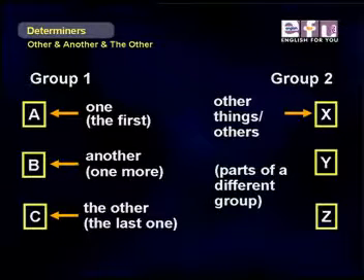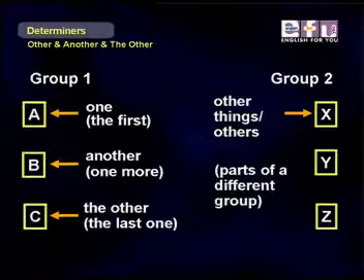Okay, we have two groups. Group 1, let's say, is an English class, our English class. Group 2 is a Spanish class. In our Group 1, our English class, we have 3 students total. So we call the first student 1, that would be Sylvia, for example.